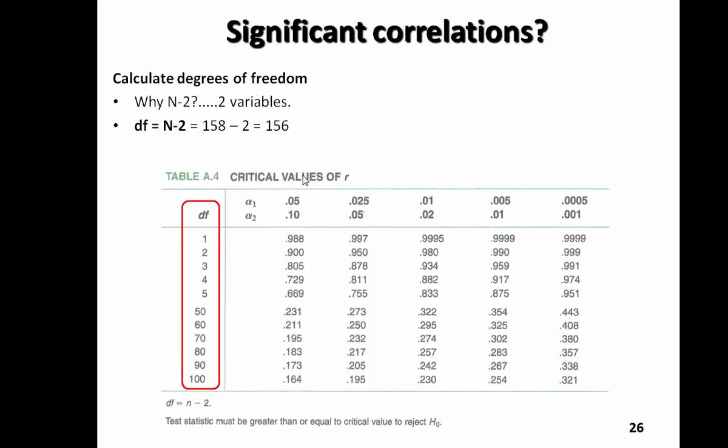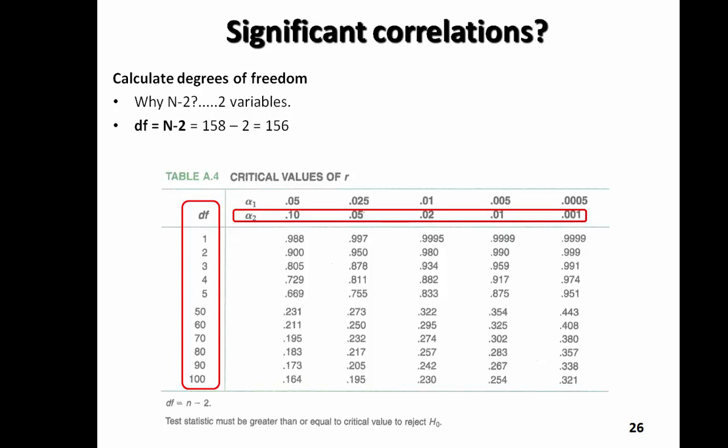So now we go to a very standard table, which is our critical values. And if we go along the left-hand side, we see for each degree of freedom, there are a range of different critical values. And if we scroll down the table, we see this table is limited at a degrees of freedom of 100, knowing that the one we calculated in our study is far above 100. But we can use that limit here to continue testing if the results of our study are statistically significant.